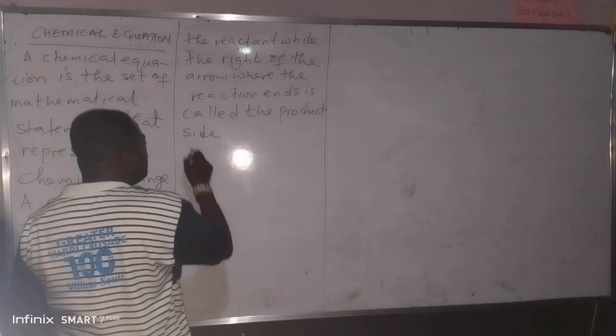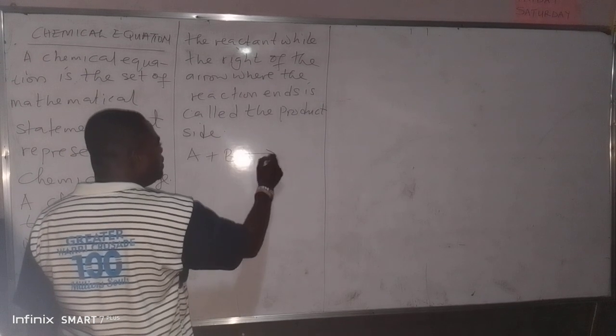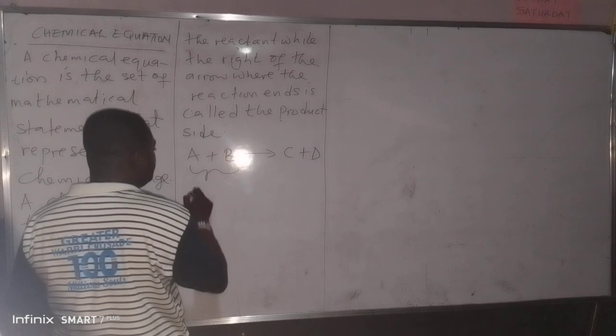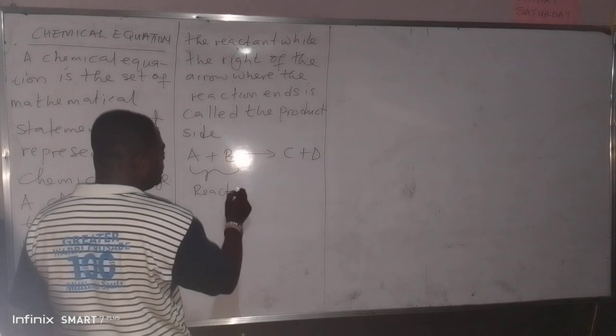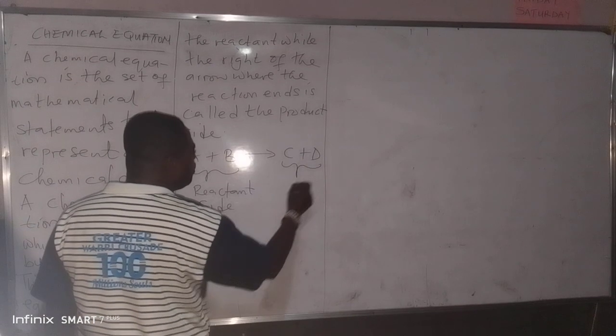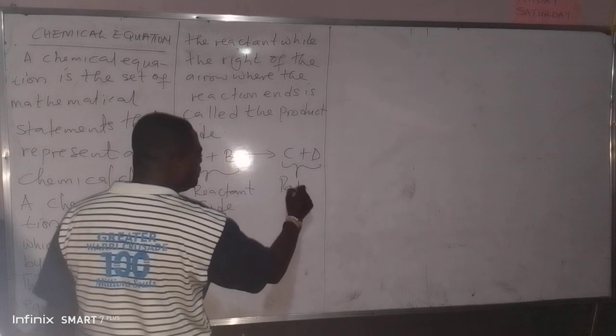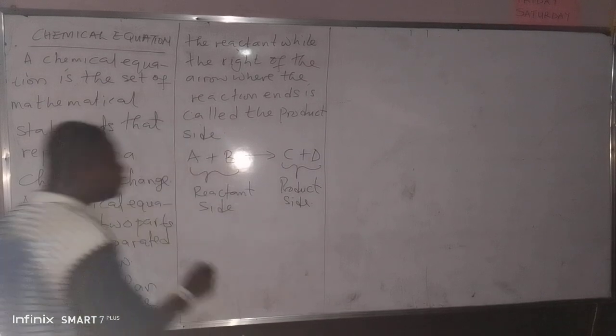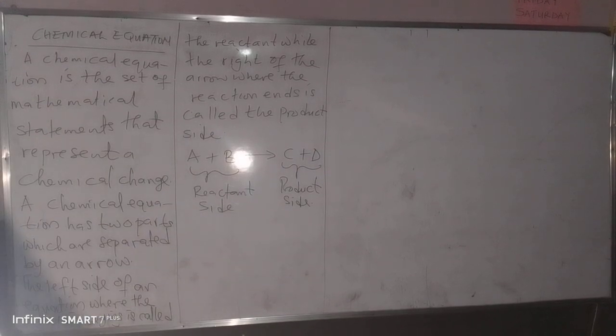So we can say A plus B equals C plus D. This A plus B is the reactant side, while this C plus D is the product side. So take note of that.